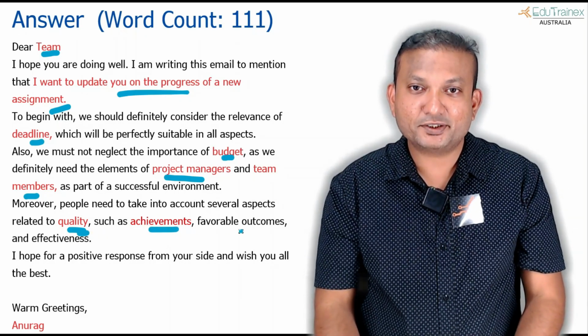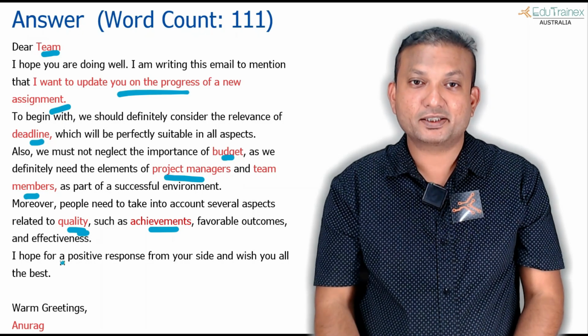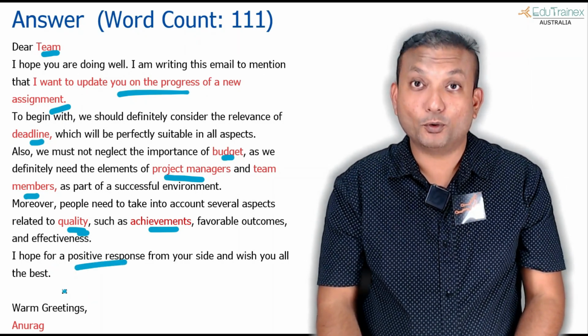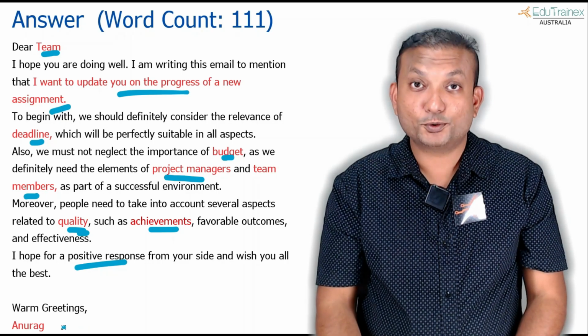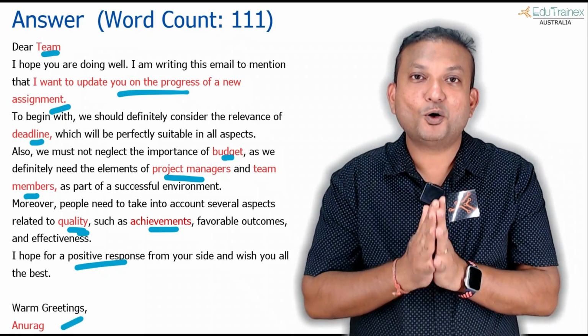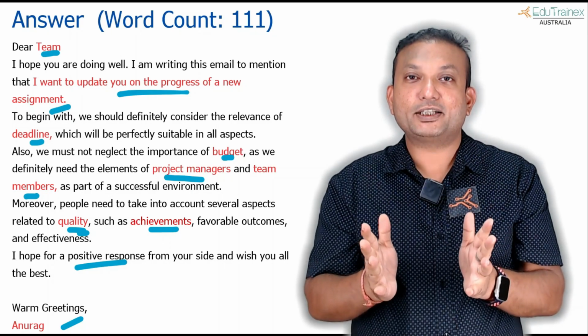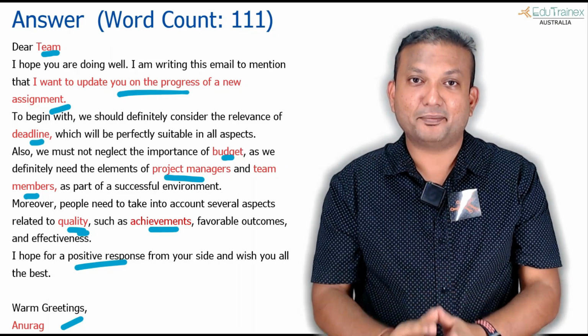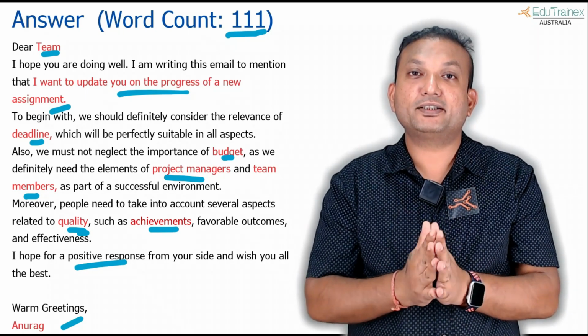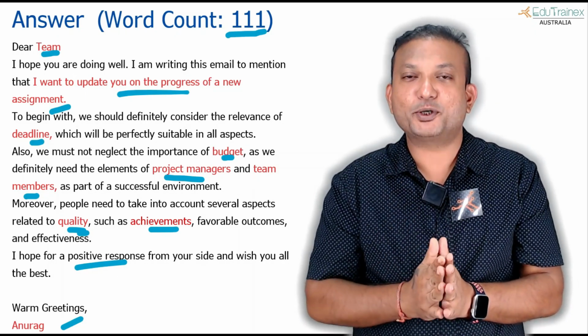Qualities such as achievements, favorable outcomes, and effectiveness. I hope for a positive response from your side and wish you all the best. Since there was no name given, I have just put my name. And that sums up all the templates that you need for the PTE Core exam. This email is also perfect because it is well within the specified limit of 120 words.